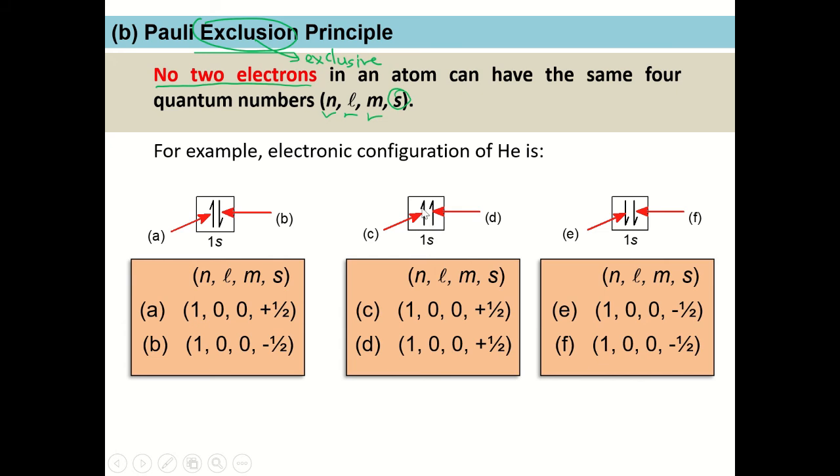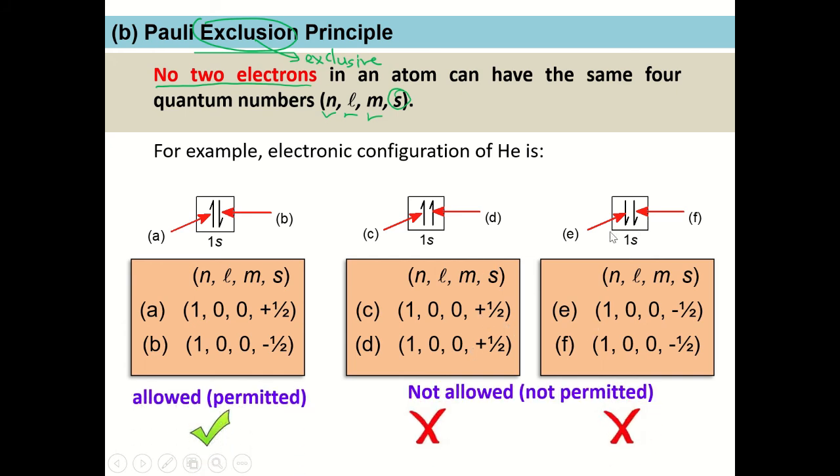If you draw the orbital diagram with both arrows upward, that means both electrons are spinning in the same direction, which is not possible. Therefore, this is not permitted. Same for this one: if you draw both pointing downwards, they are spinning in the same direction and have the same s values. So this is not permitted.